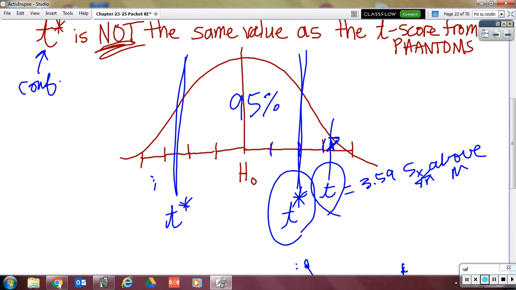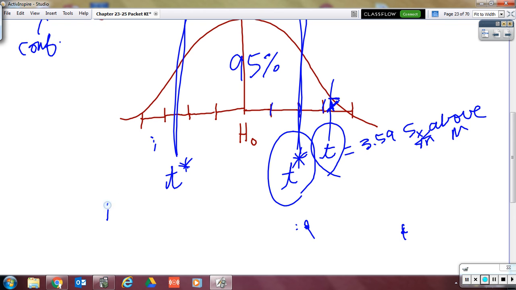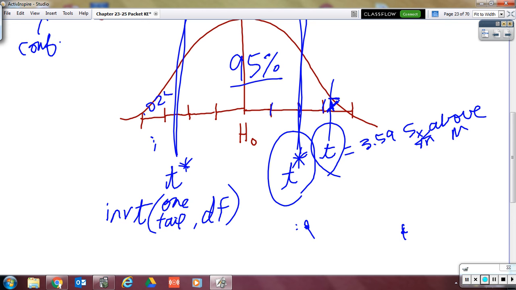Remember that to get a T star, you have to do inverse T of 1 tail, comma, degrees of freedom. In this case, with 95% being in the middle, I have 0.025 in a tail. So I did inverse T of 0.025, comma, there were 24 in my sample, so 23 degrees of freedom.